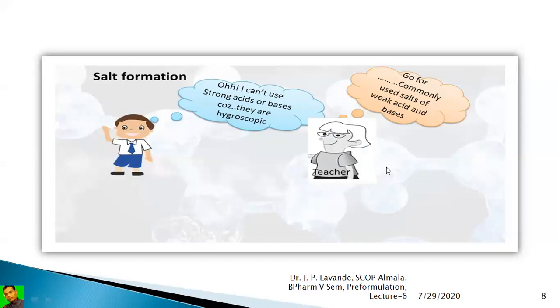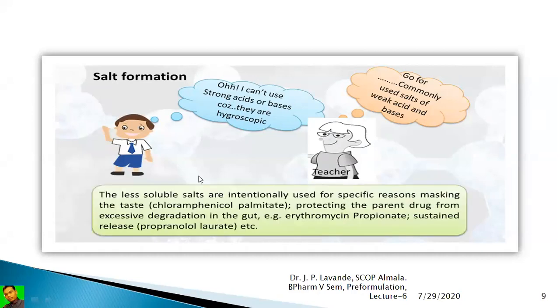But that is not the case with strong acids and strong bases, because strong acids and strong bases are soluble, so there is no need to go for salt formation to improve the solubility. These are also hygroscopic, but that is not the case with weakly acidic and weakly basic drugs. So these drugs need salt formation.